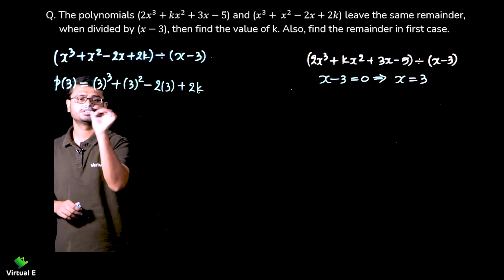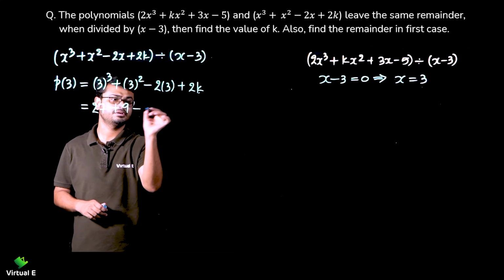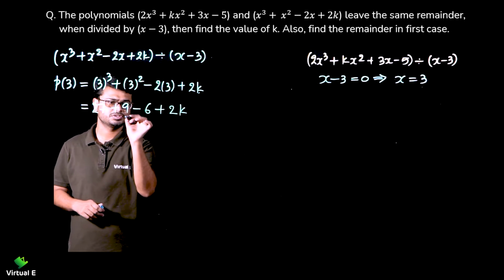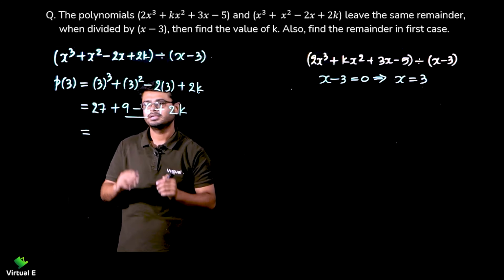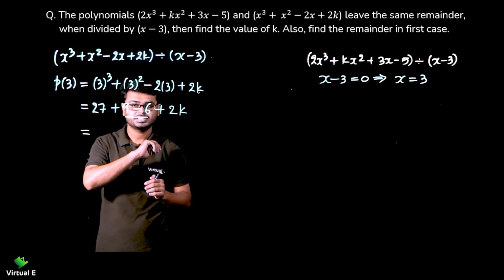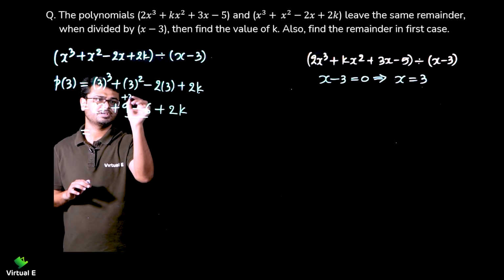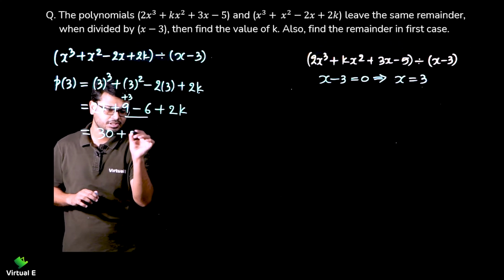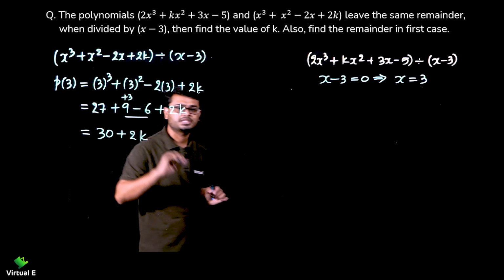Let's simplify. So here 27, here 9, here minus 6 and 2k as it is. So if we simplify here, plus 9 minus 6, we will get plus 3, and 27 and plus 3, that is 30. So 30 plus 2k. So this is the remainder in this case.